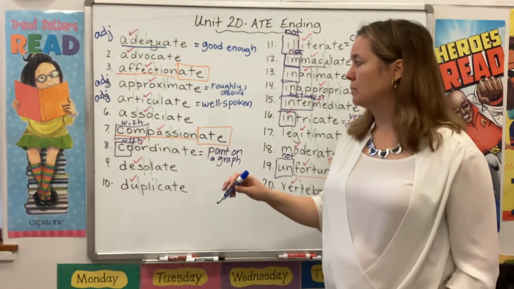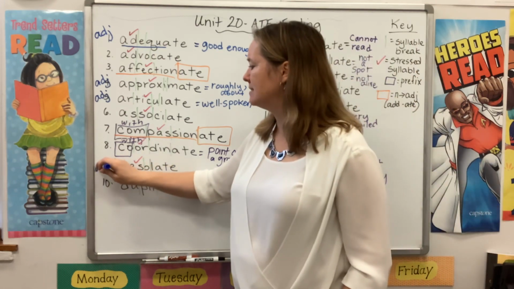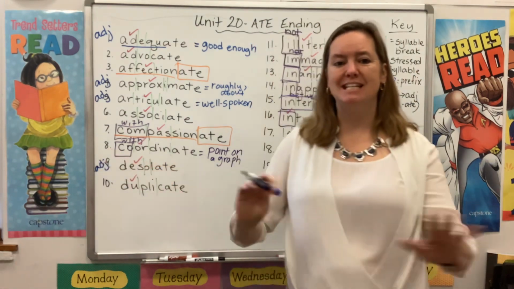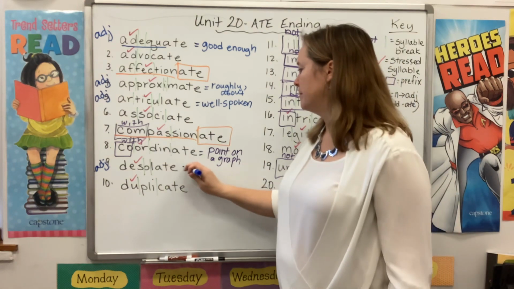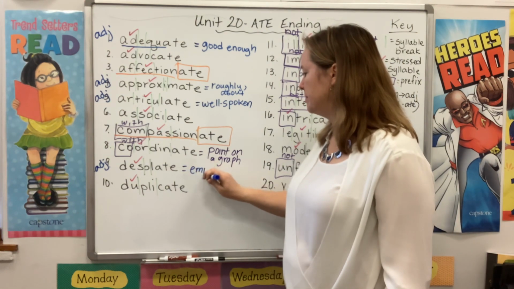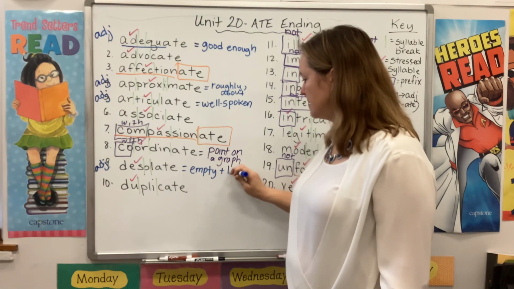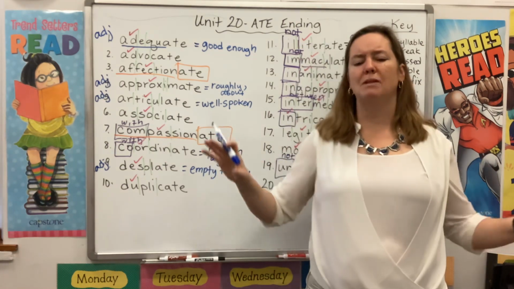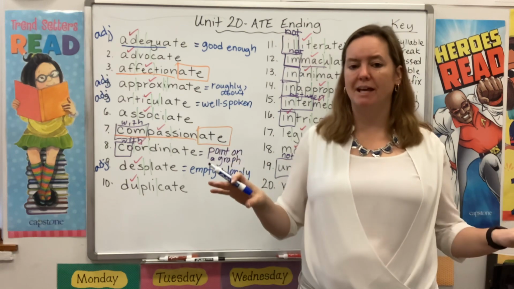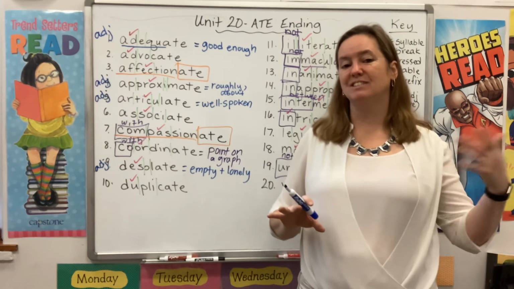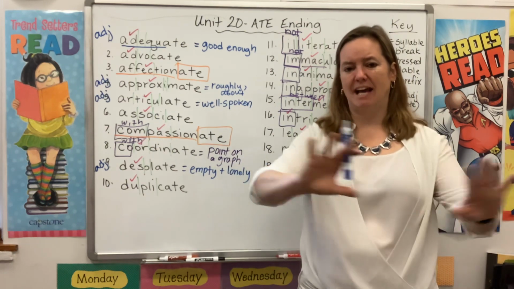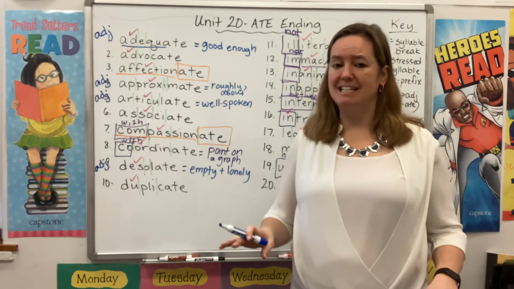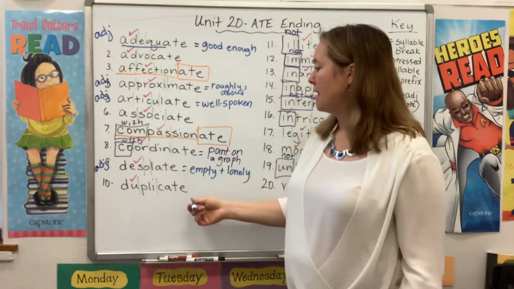We use this word to describe a place that is empty and lonely. Like sometimes I see pictures of the desert and there are places where there's no plants growing, no animals, no houses, and it looks desolate to me. It just looks kind of empty and abandoned and a little bit lonely.